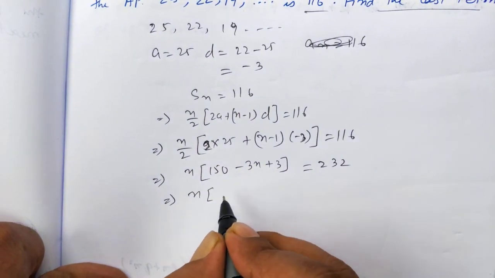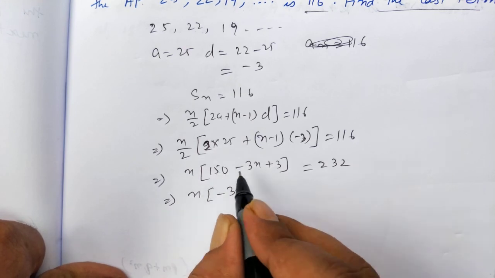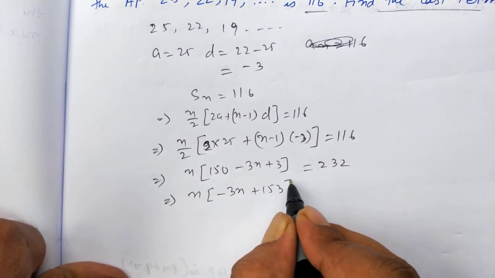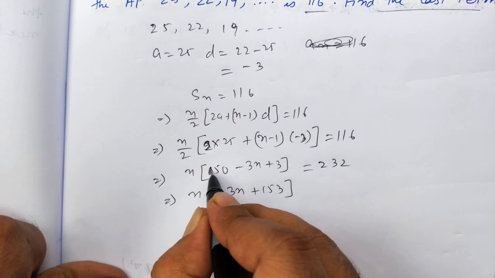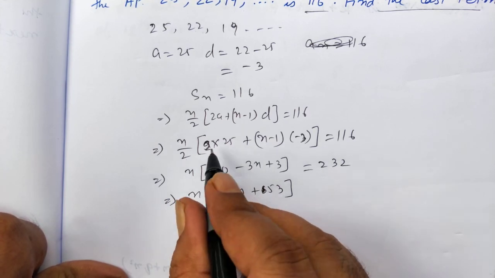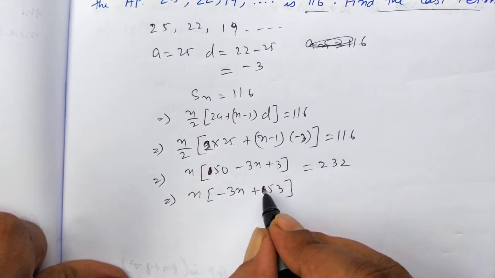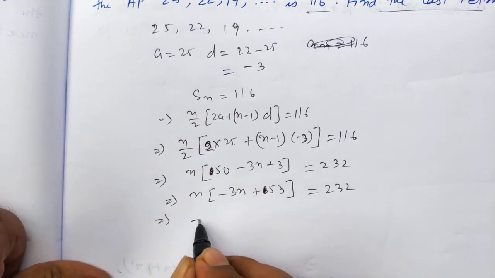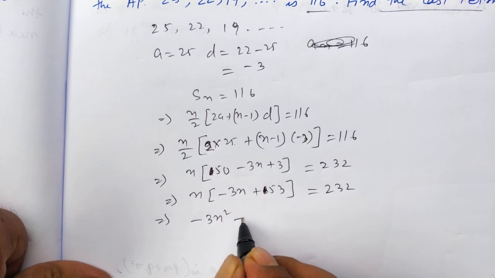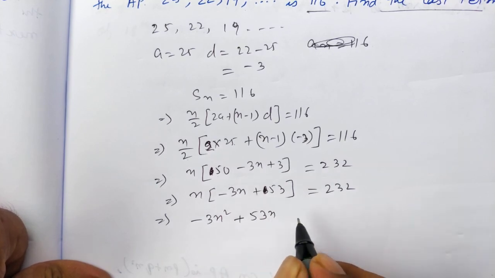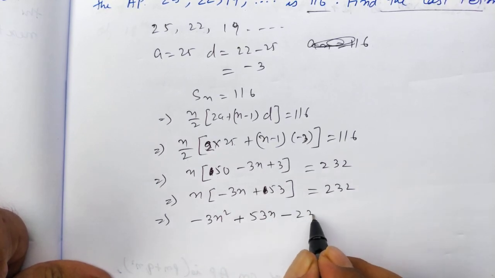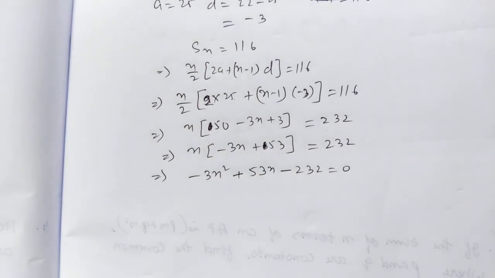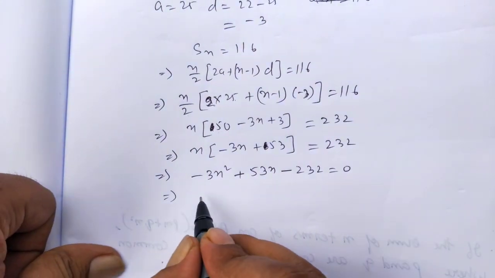So n times 53 minus 3n, 2 into 25 is 50. Multiply: minus 3n square plus 53n. If you bring it here, minus 232 equal to 0. Change the sign.